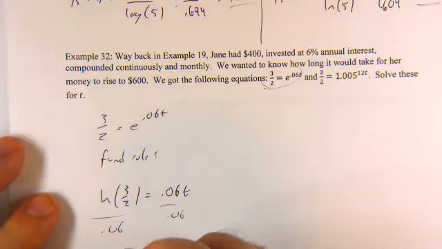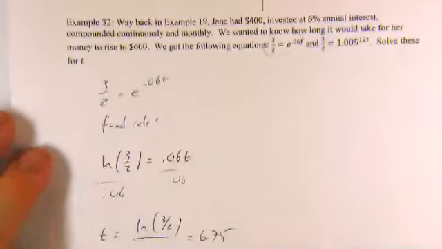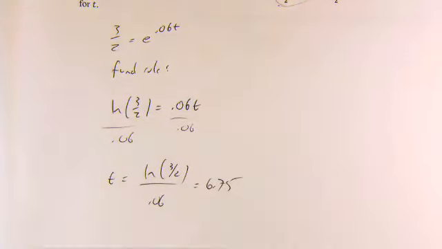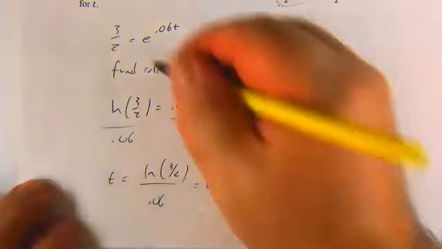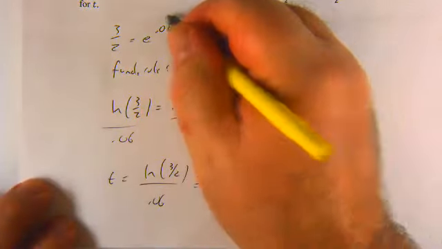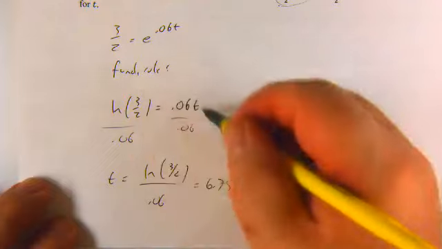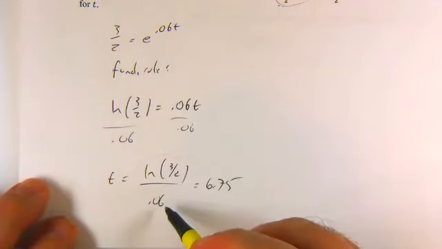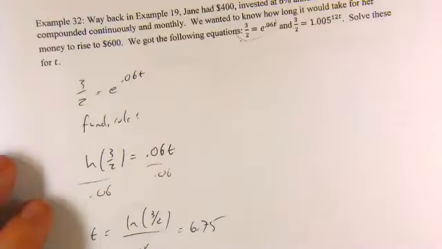You get t equals natural logarithm of 3/2 divided by 0.06, which is about 6.75. So using the fundamental rule, you can convert this into a logarithmic equation. Calculator can calculate that, divide by 0.06, you get about 6.75.